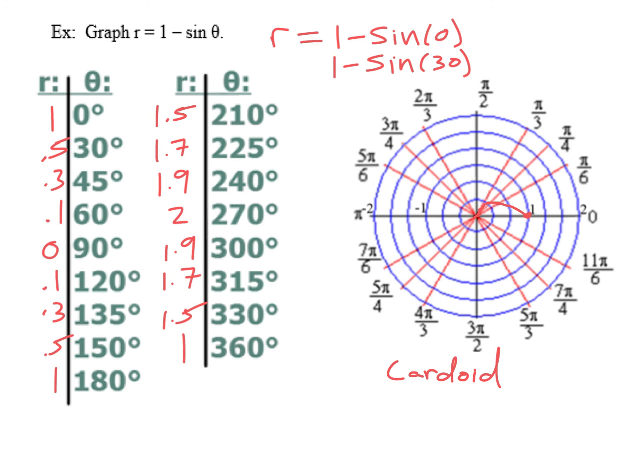Now we head off to 120, and it starts to move away again. 120 is at like 0.1. 135, we'll call it like 0.3. 150 is at 0.5. 180 out at 1. So now it's kind of doing the same thing, but it's starting to move away.